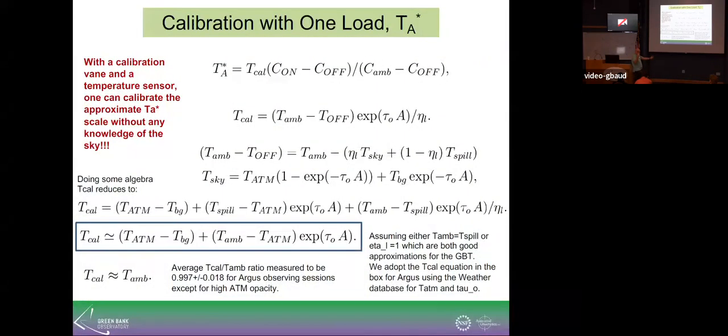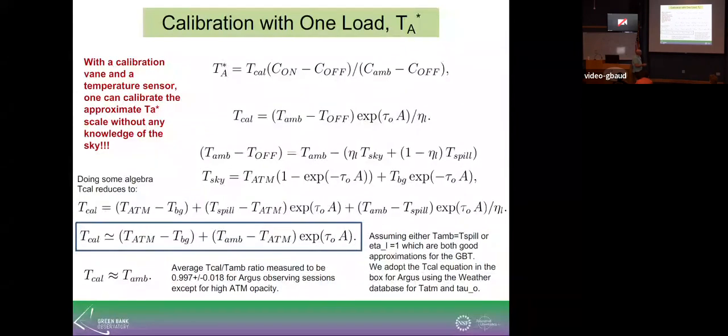You take that difference, and even though you might not know much about the blank sky, like what the tau opacity is, when you go through the algebra, a lot of the terms cancel away, and it reduces down to the TCal that you need for the calibration, which is just your ambient temperature measured by the sensor.